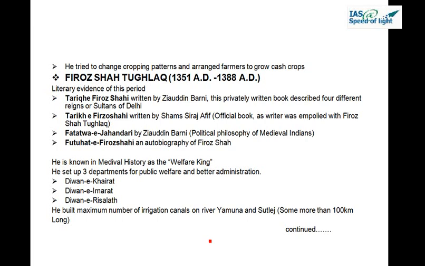After Muhammad Tughlaq, he was succeeded by Firoz Shah Tughlaq. Under him, no new territories could be added to the Sultanate, but he managed to keep large areas intact. There are some literary evidences for this period as well: Tarikh-e-Firoz Shahi, written by Barani, and Tarikh-e-Firoz Shahi, written by Shams-i-Siraj Afif. The difference between Barani's book and Afif's book is that Barani was not state sponsored.